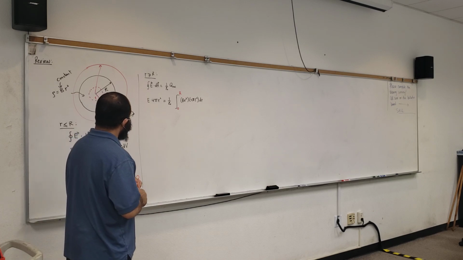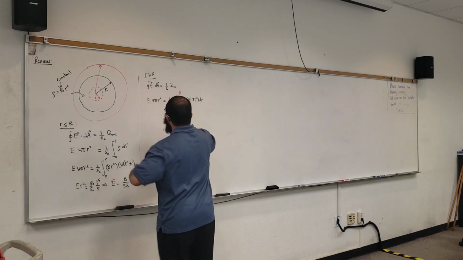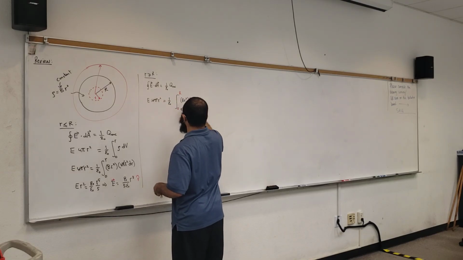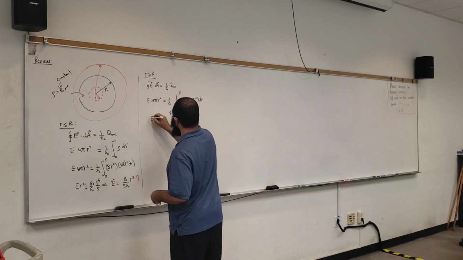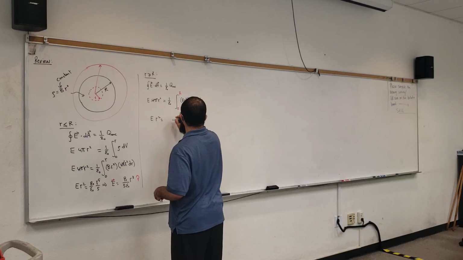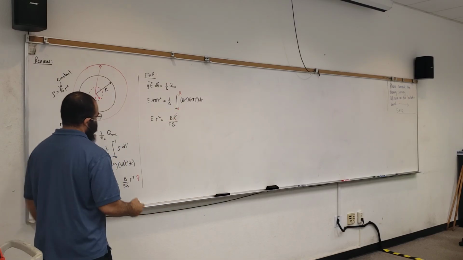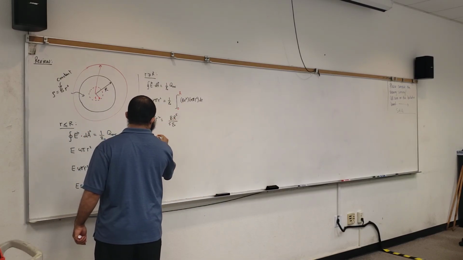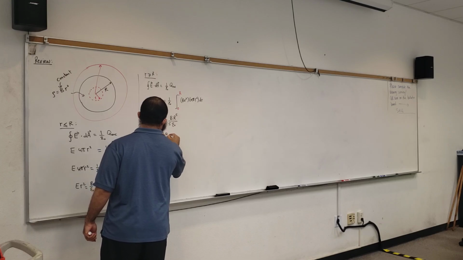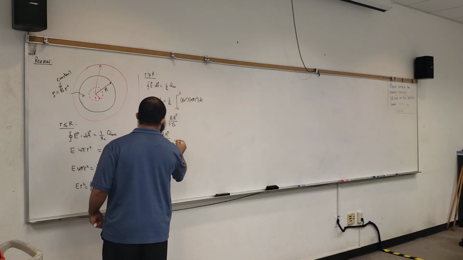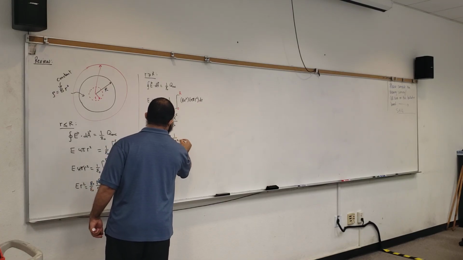So again, this 4 pi gets cancelled. We get E times r squared equals B times capital R to the 5th over 5 epsilon naught. So we get the electric field to be B times R to the 5th over 5 epsilon naught times 1 over r squared.